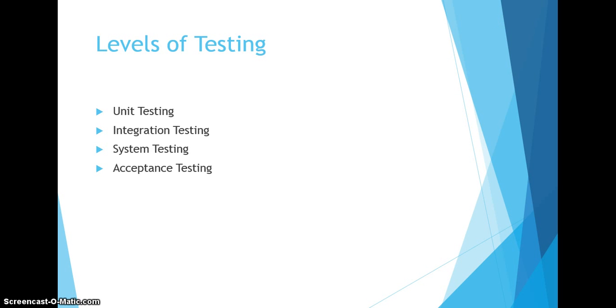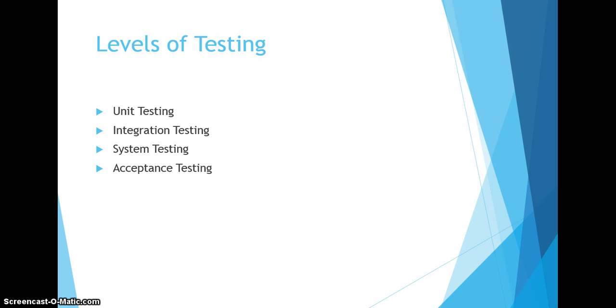Now, there are different levels of testing which we need to understand. One is unit, second is integration, third is system, fourth is acceptance. This is a very broad guideline for levels. Unit is with respect to the code, which at the level of coding, at the level of each individual program, there is unit testing done. Then you integrate, say, 2 modules or 3 pieces of code, and then you do integration testing.